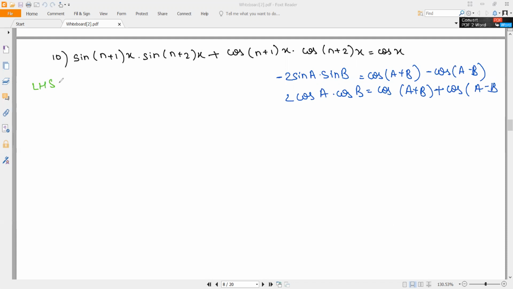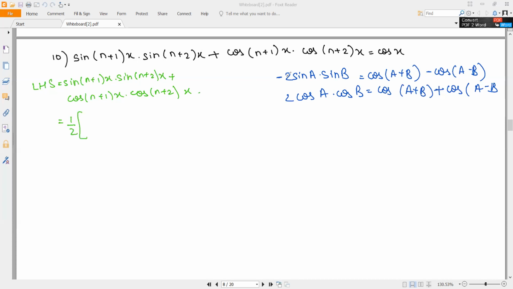Here LHS is equal to sine of n plus 1 into x, sine of n plus 2 into x, plus cos of n plus 1 into x into cos of n plus 2 into x. So applying this formula, we have 1 by 2.